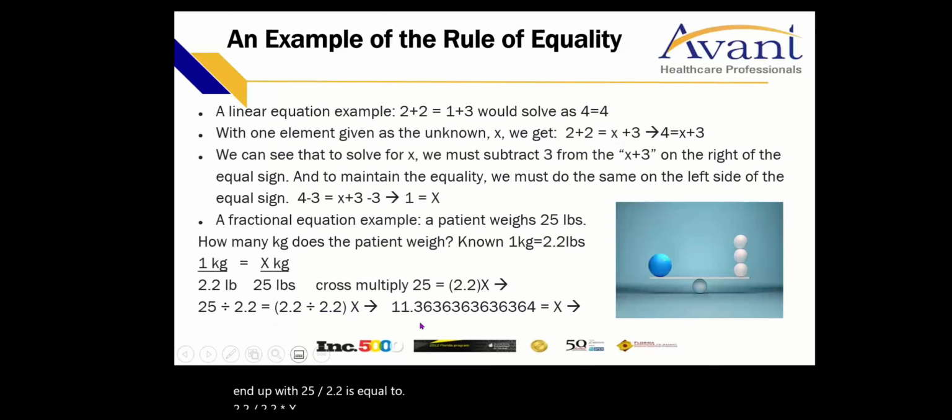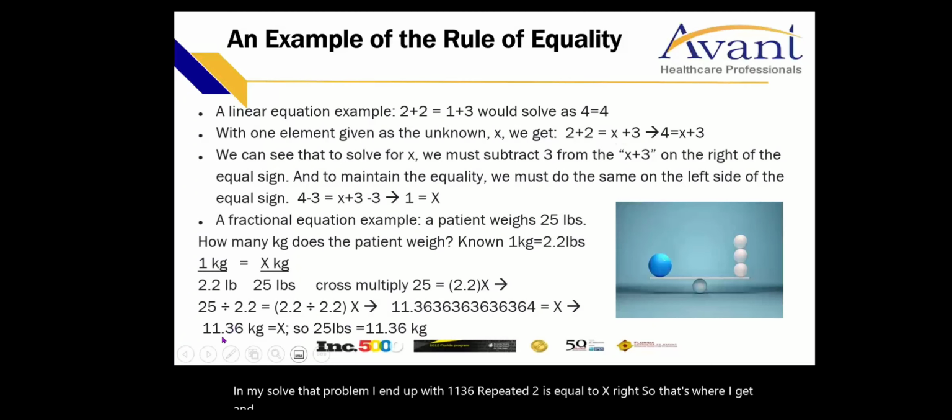And when I solve that problem, I end up with 11.36 repeated is equal to x, right? Then I round to 2 decimal places. I get 11.36 kilograms is equal to x. So 25 pounds is equal to 11.36 kilograms. That's how I get there.